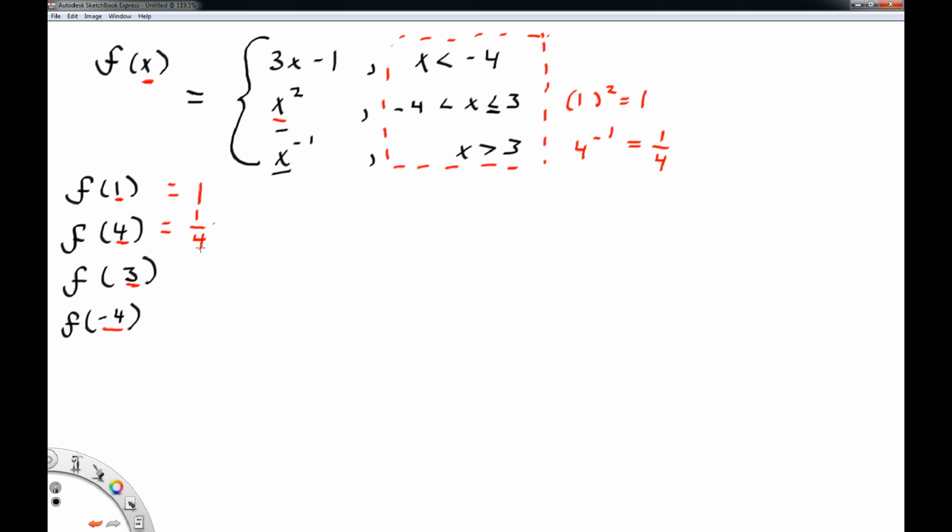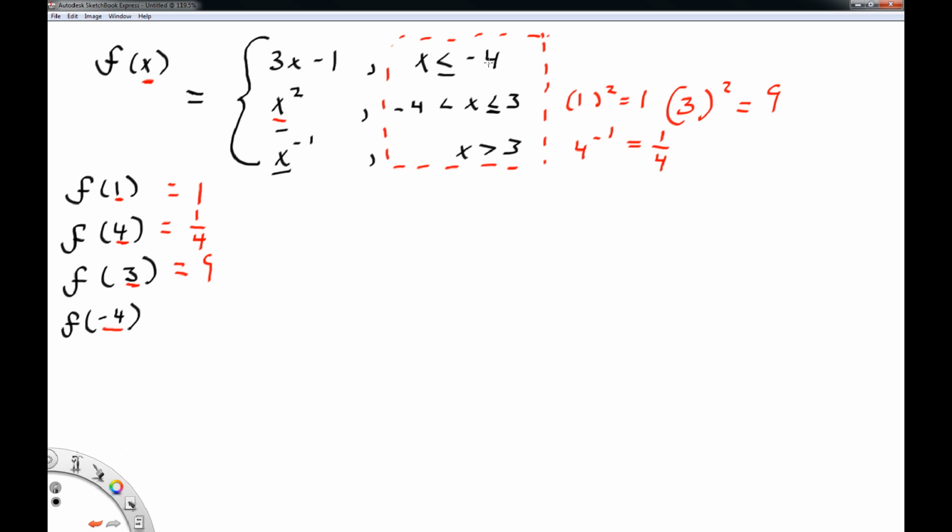So you're going to take 3 squared, and that's going to equal 9. Negative 4, and similarly, there probably should be an equal sign there or an equal sign here.